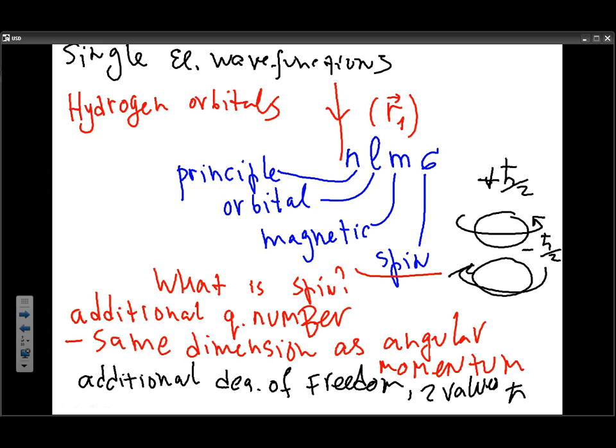Okay. So what we are going to do is to review how this additional degree of freedom can be treated mathematically, and how the treatment of a spin degree of freedom for a single electron can be expanded to treatment of many electrons. In the simplest case, 2 electrons.